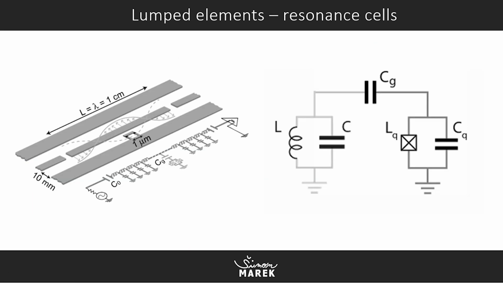So here are lumped elements. This is more towards qubit design, but it also applies to traveling wave parametric amplifiers, since we will need coplanar waveguides for this, and there is a schematic for a coplanar waveguide. This is the qubit, and this is a resonator cell. We will use a similar design of resonator cells for our traveling wave parametric amplifiers.